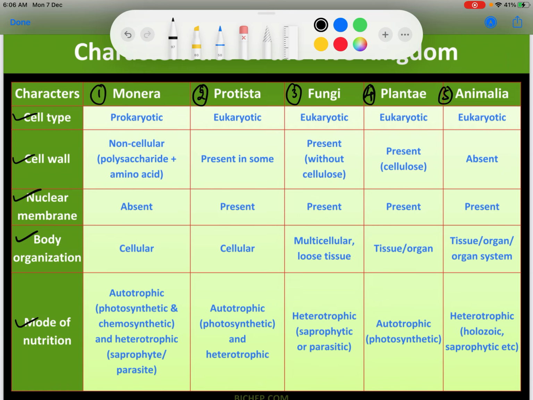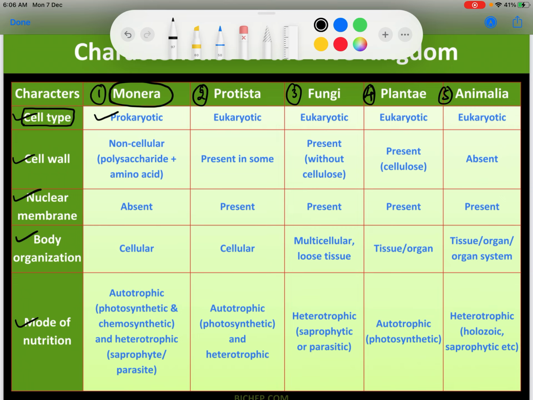So first of all, if I talk about the type of cell, if they are prokaryotes, then they are placed into category number 1, that is Monera.